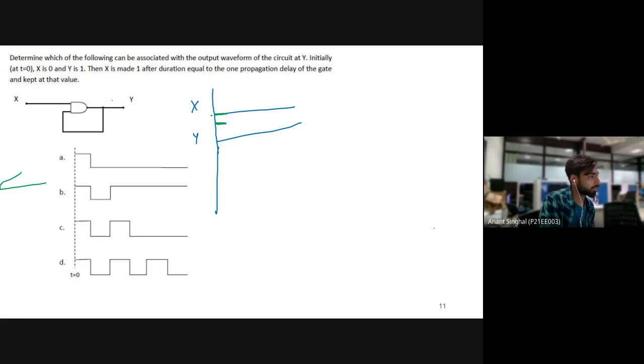So here you can see this is the circuit. If I make y as 1 initially and x at 0 initially, the question says x is made 1 after a duration of 1 propagation delay. If I plot the propagation delay also, like the time period, something like this. So what is the output finally y now?